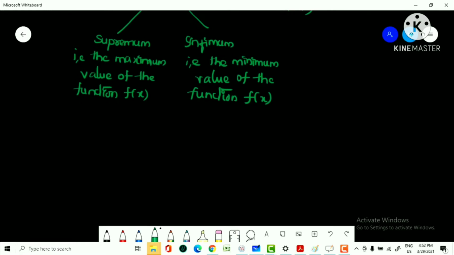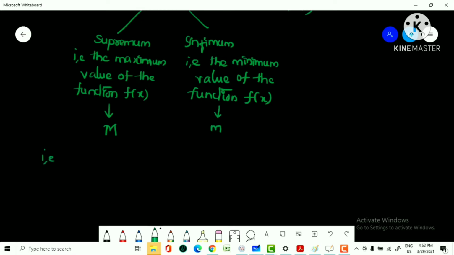And let that supremum value we take as capital M. This infimum value or the minimum value we take as small m.